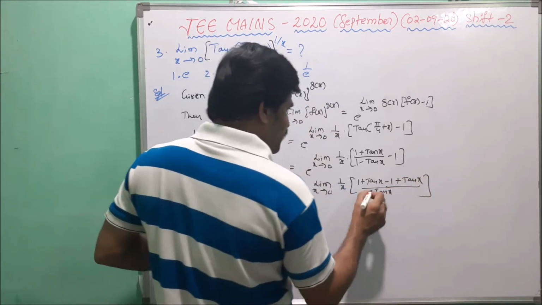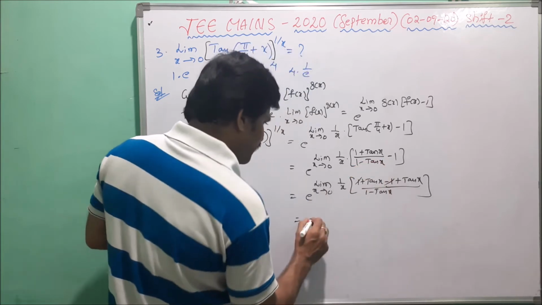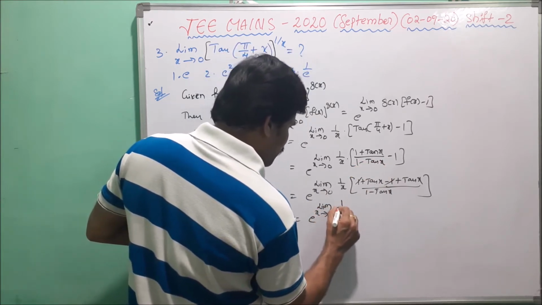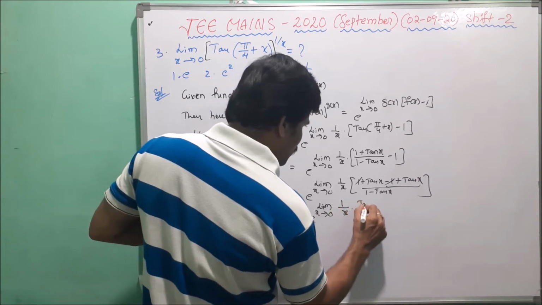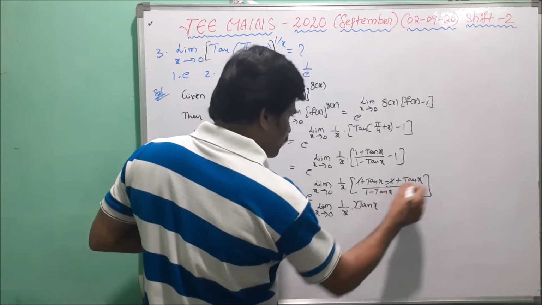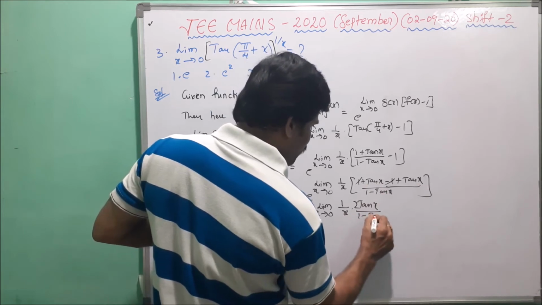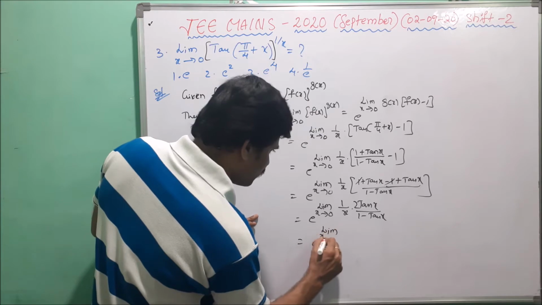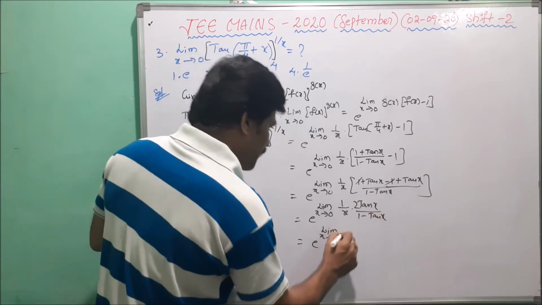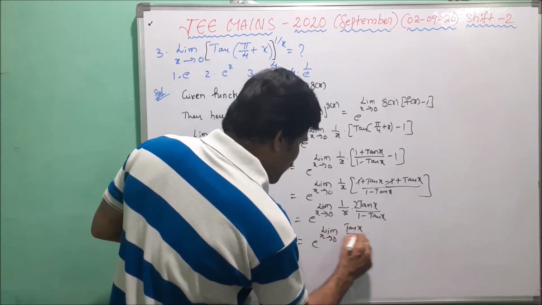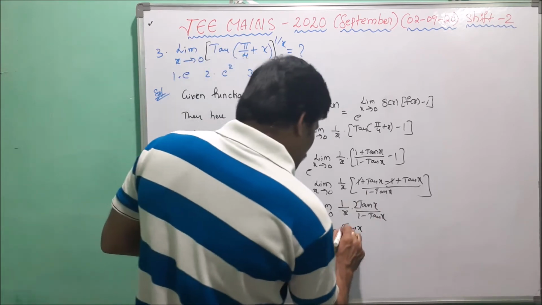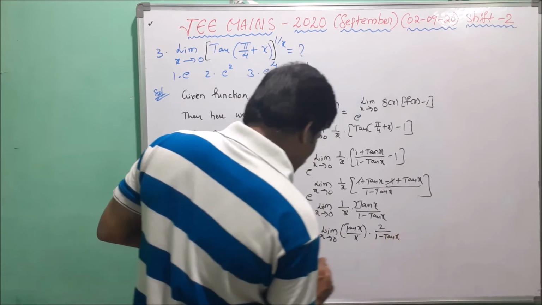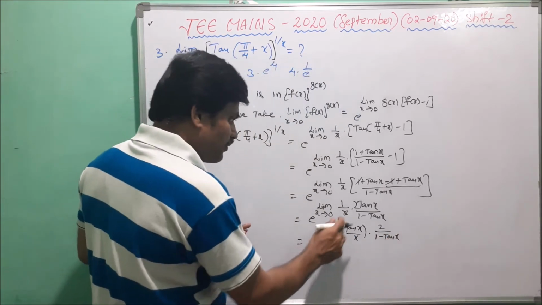Here we observe, in this 1 minus 1 will be cancelled: e power limit x tends to 0, 1 by x into (2 tan x) by (1 minus tan x). Here e power limit x tends to 0, here we write separately tan x by x into 2 by (1 minus tan x). Here substitute the limit value in this one.